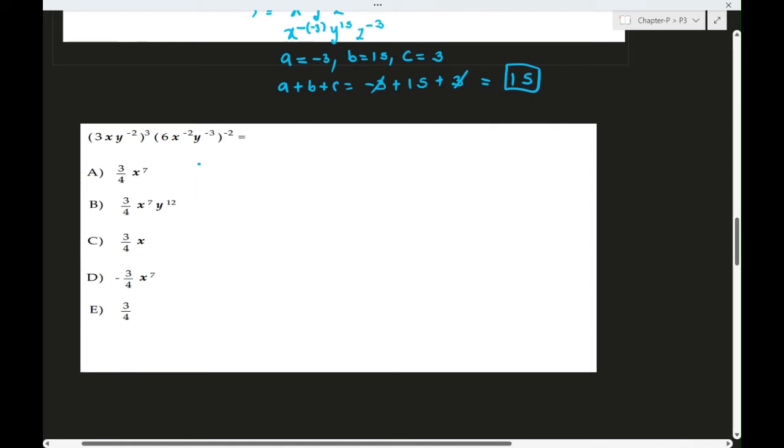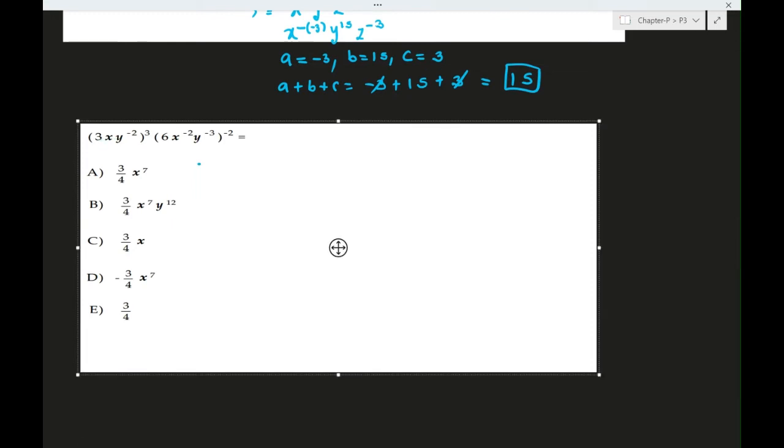So for this, we can just go directly. This is product. So this now becomes, we can write this as 3 cubed x cubed, then y to power minus 6. Then everything multiplied by here. This we can first of all take it down. We can write it as 1 over 6x to power minus 2, y to power minus 3, all squared. Yeah, just to get rid of the power, right?